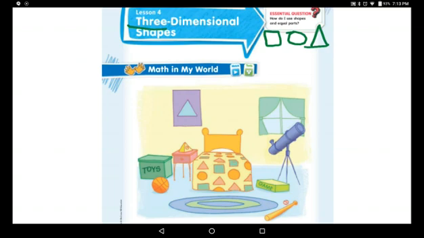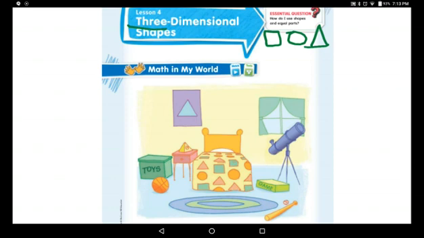But today our lesson is talking about three-dimensional shapes. Why did we say three? Because the shapes in our lesson today will have width, length, and height.